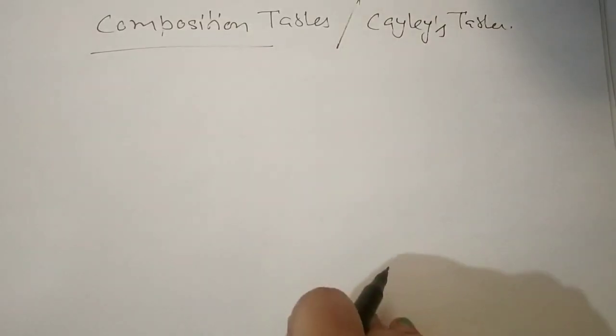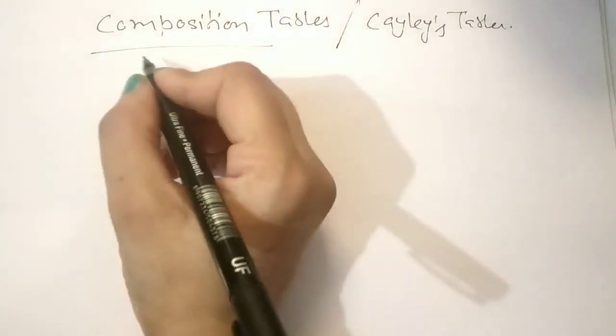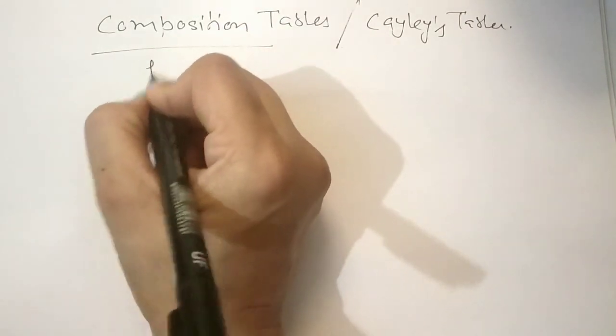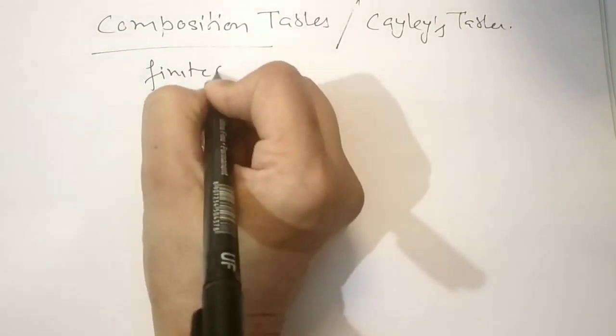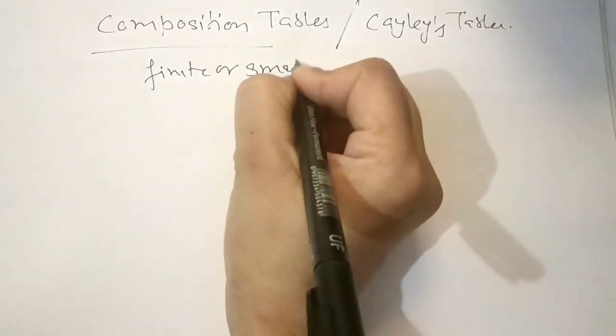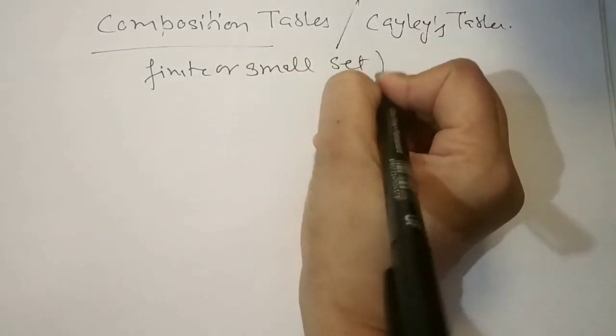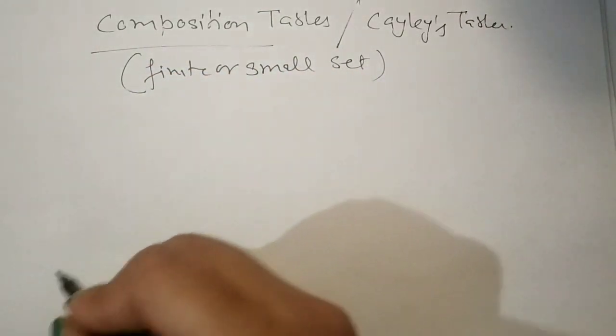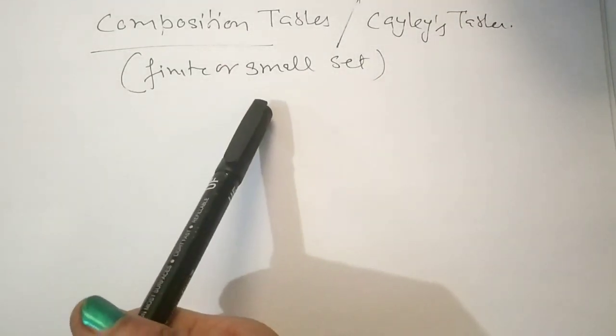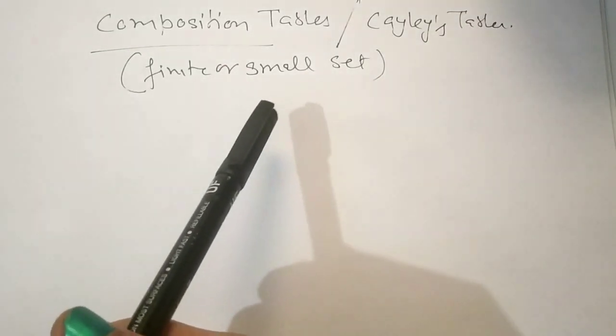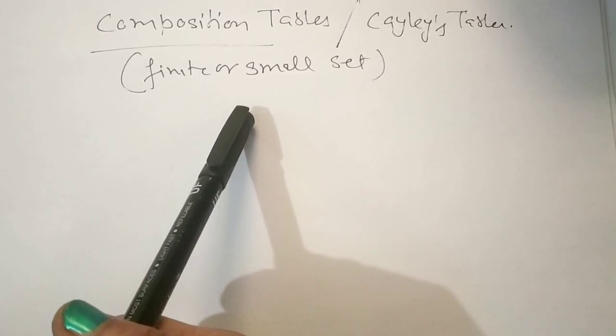We don't have to write them like this as I have done, but these composition tables we generally use for finite or small sets. If we have a finite number of elements in a set, or a set is very small having 5, 6 or 10 elements, then we make the composition table.